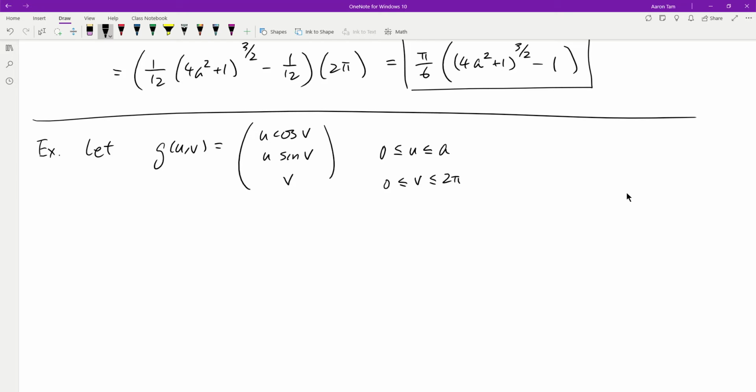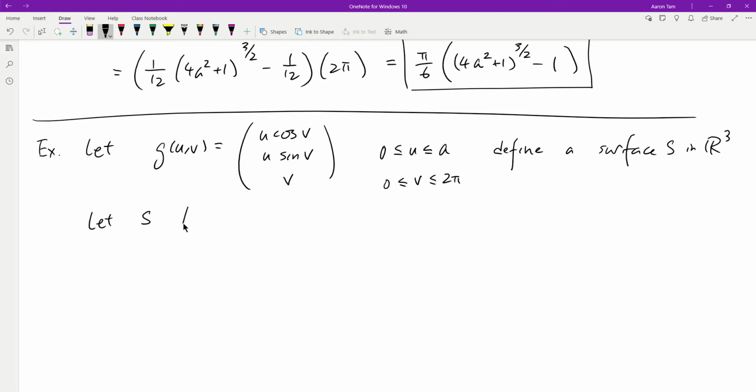So what we're going to try to do is the following. Let's say we define a mass. So let g of x define a surface in R3, and we're going to call this surface S in R3.